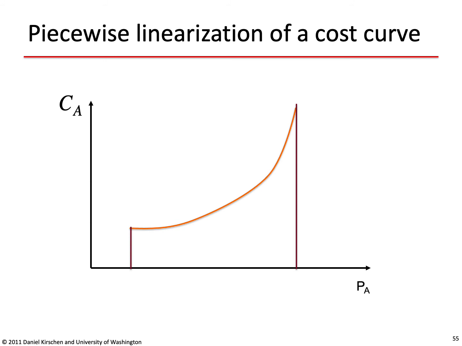Well, we can approximate this cost curve using what's called a piecewise linear approximation, where I introduce two elbow points in the middle of the feasible range of the curve, and replace the curve by piecewise linear segments linking the minimum output to the first elbow point, to the second elbow point, and the second elbow point to the third elbow point.